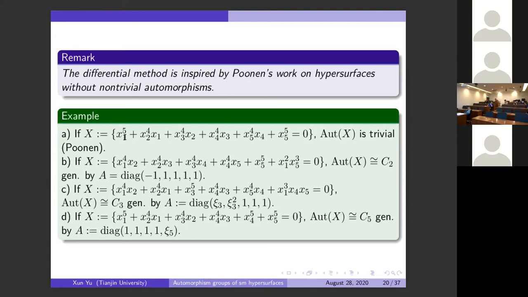Inspired by that, we can give some threefolds, which are smooth with relatively simple defining equations, but the full automorphism group is quite small, like C2, this one, with just 6 monomials. You can easily check this, and then by the differential method, this has to be the only non-trivial automorphism, and so on.